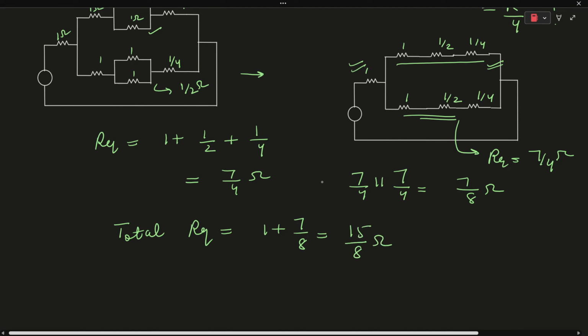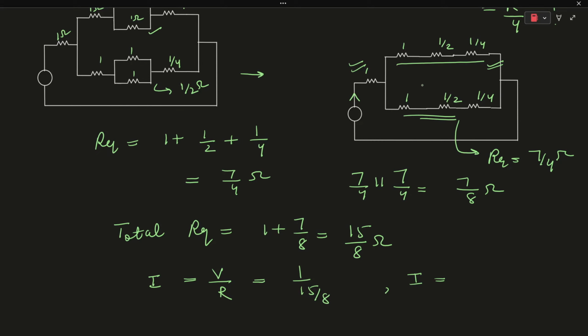So it means that the current flowing in this branch I will be equal to V by R. The value of voltage is already given to us, which is equal to 1 volt, and the R equivalent is 15 by 8 ohms. So the value of the current I flowing in the circuit is equal to 8 by 15 amperes.